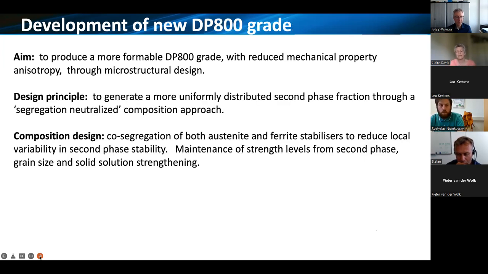So we had a thought exercise and a name, which was to develop a new DP 800 grade, but to develop a grade that potentially could be adopted using conventional DP steel processing routes.